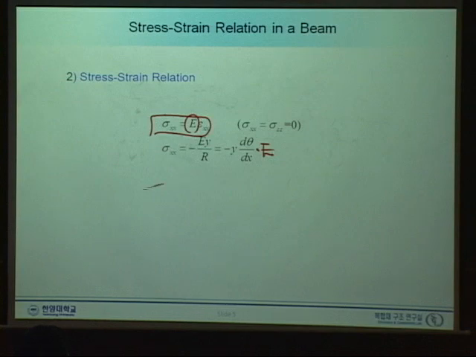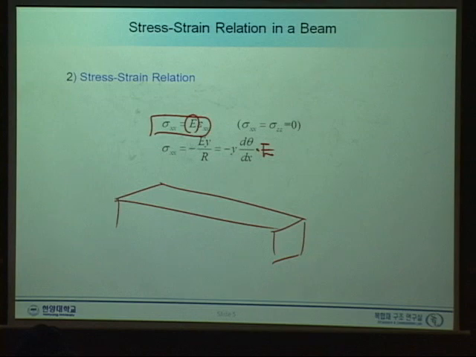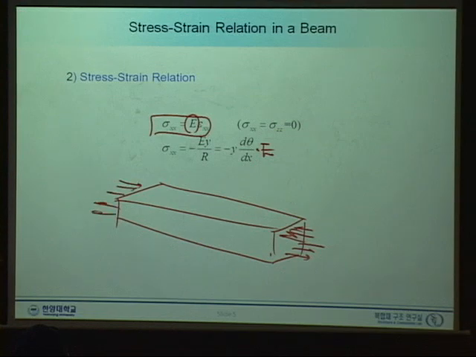And sigma x is along these directions. We will have certain distributions, but in these other directions, sigma y and sigma z are assumed to be 0.